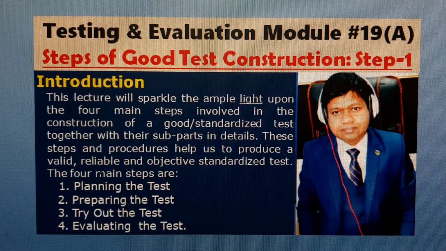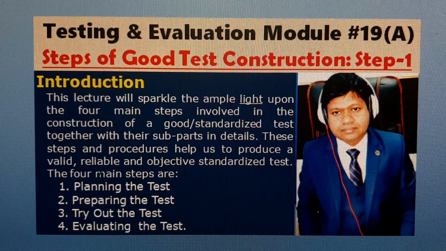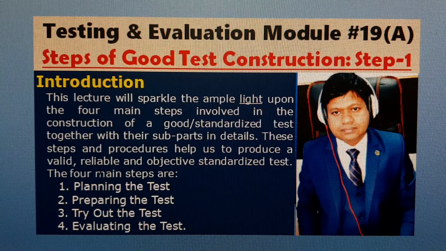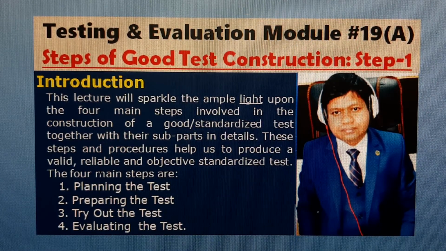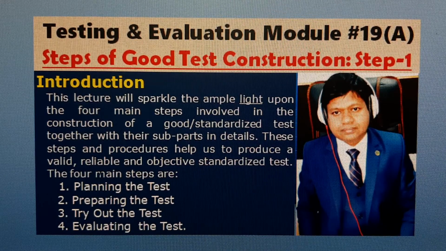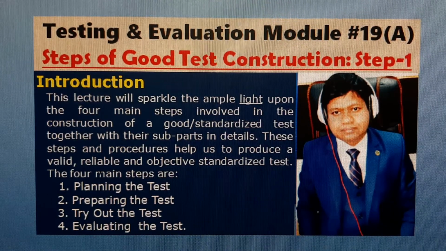Introduction. Steps of construction of a good and standardized test. This video will shed ample light upon the four main steps involved in the construction of a good and standardized test together with their subparts in details.